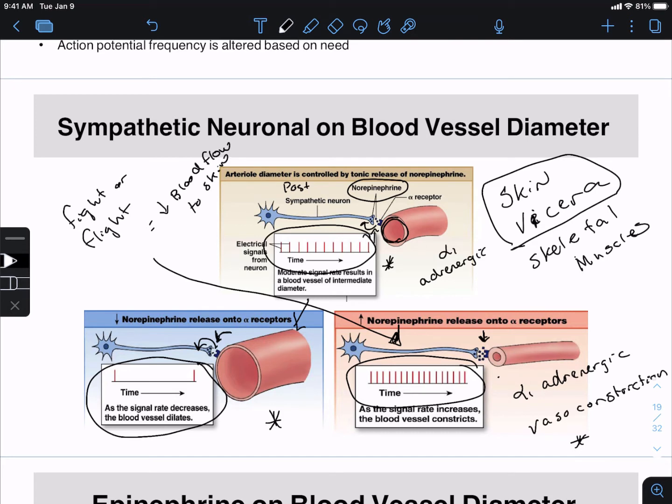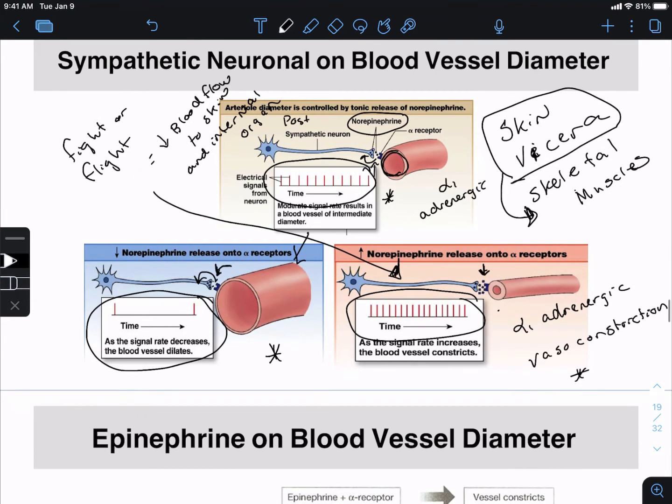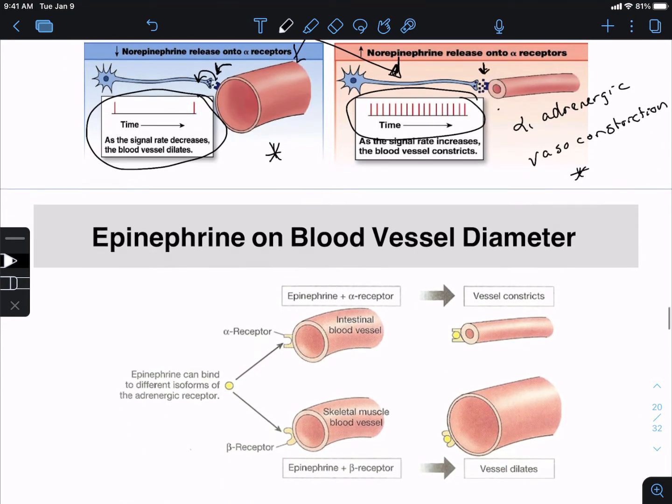Why is that important? Well, if you're running away from the grizzly bear, you want the blood flow to go to your muscles. And so this allows us to divert the blood flow to our skeletal muscles, taking it away from the skin. Okay? And so that's actually a really important and critical thing to understand.